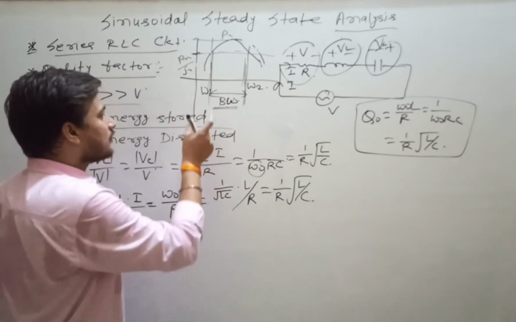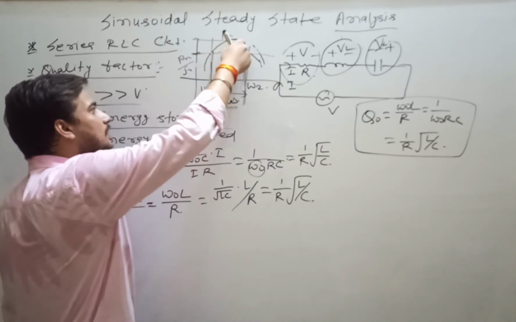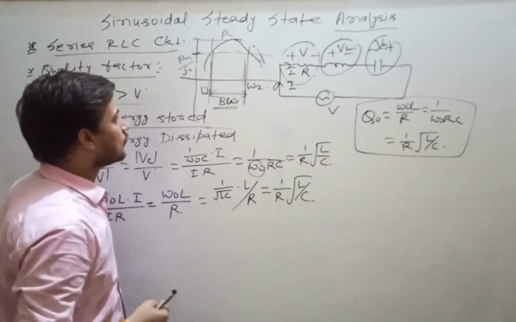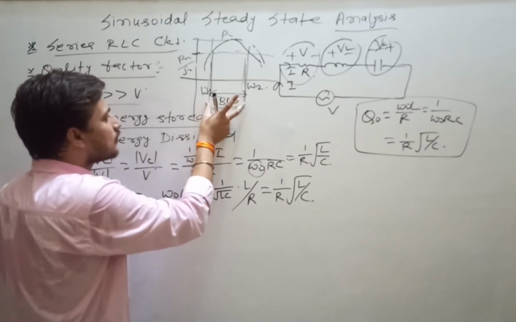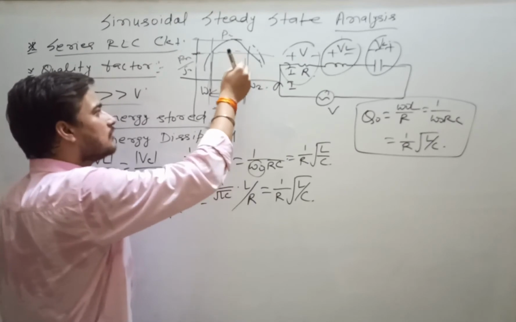That means if your frequency lies in this bandwidth, then the current will be maximum or it will be more than 1 by root 2. If the frequency is beyond this range, then the current will be less.